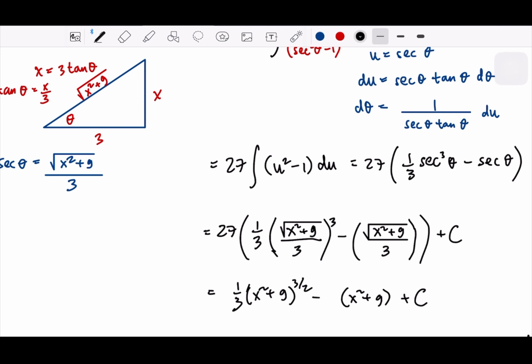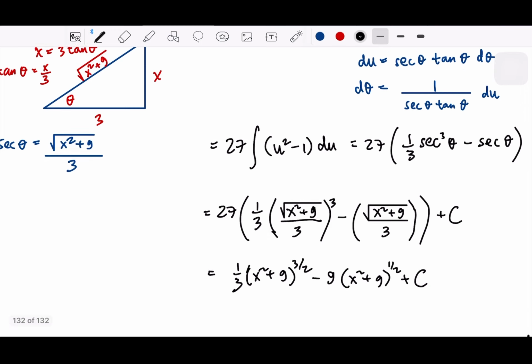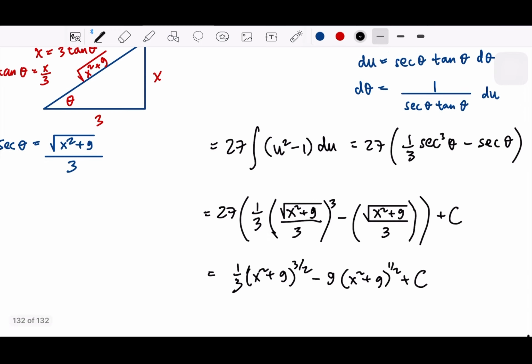This one is 9, and then this is half. But 1/3 is actually 3. Because it's 27/9. No, it's over 27. Because it's cube. Ah, okay. Cube, yeah, cube. Yeah. That's why we don't see.